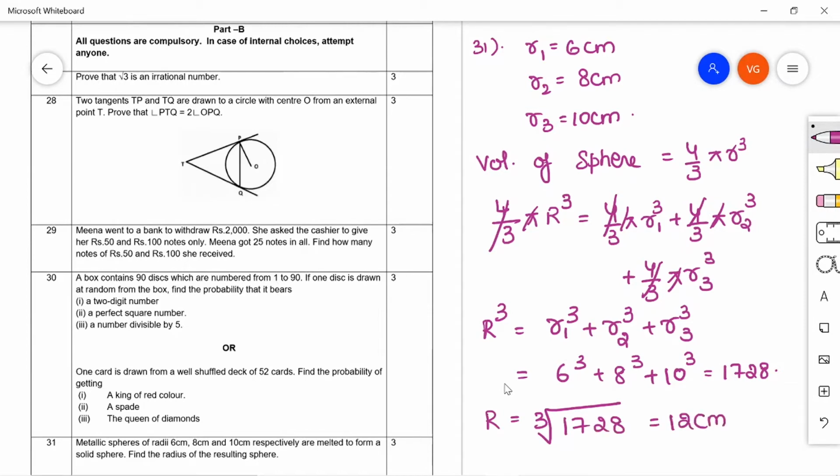So the radius of the resulting sphere is 12 centimeter. Coming to the marking scheme here, write down the formula, get 1 mark. Equating, you will get another 1 mark. For calculation of the final answer, you will get 1 more mark.